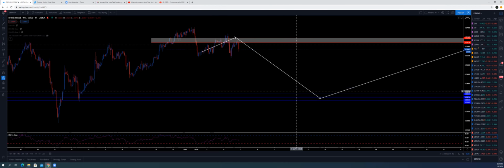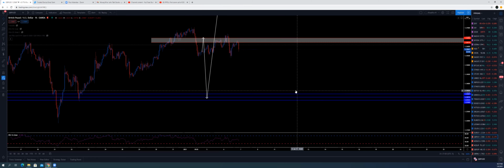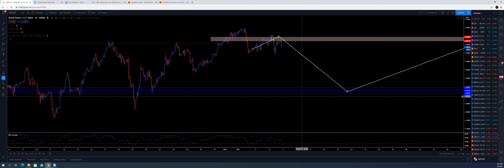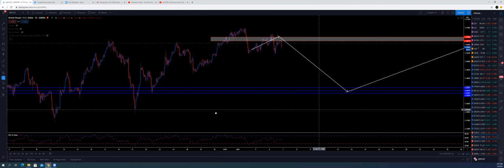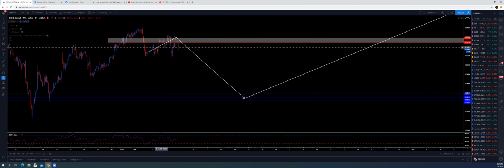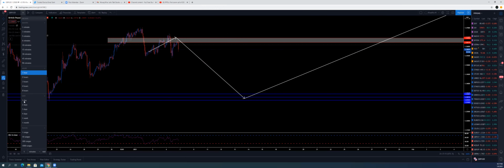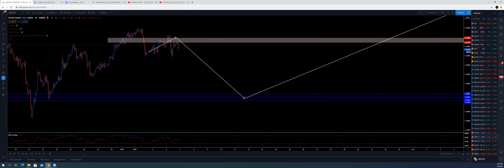Moving on to GBP USD. I still have the markup here for you from Monday night, and you can go back and review Monday night's video and see that this was the markup. This is how it looked on the daily, because that's how we viewed it Monday.